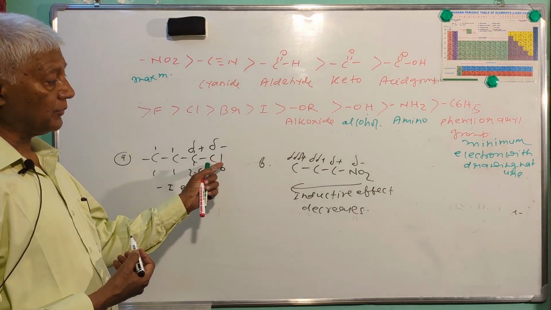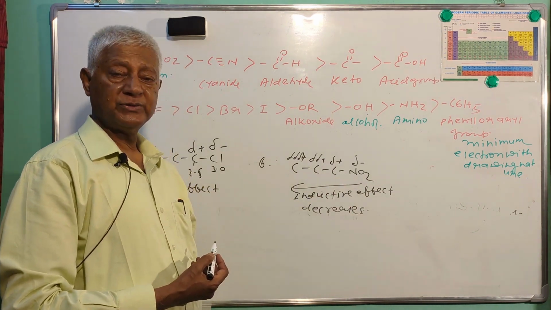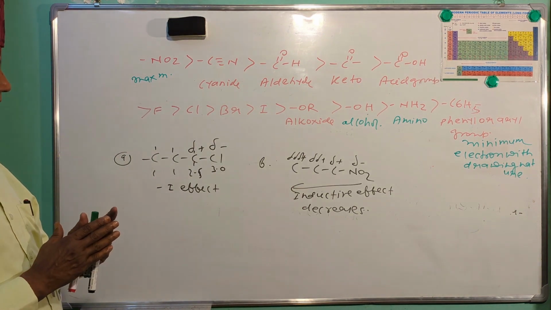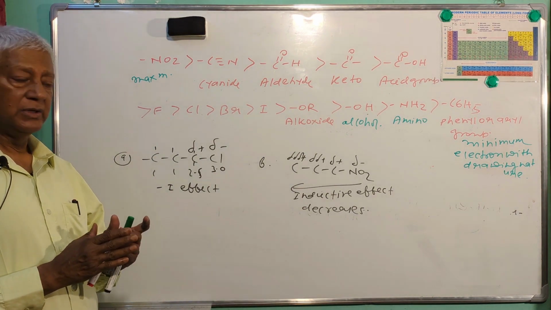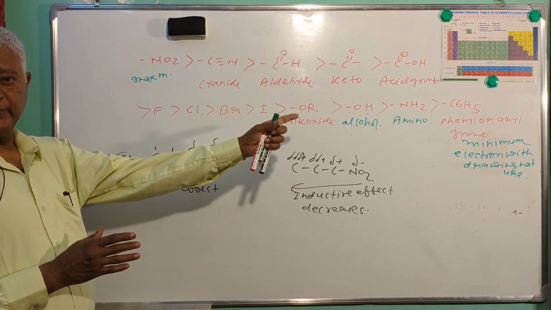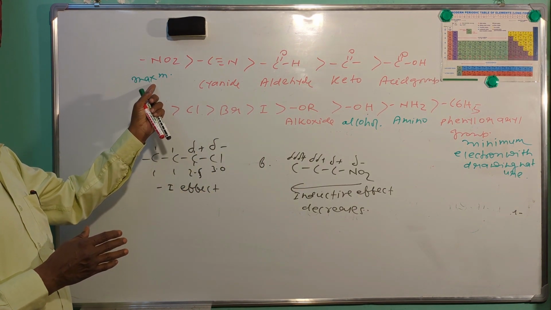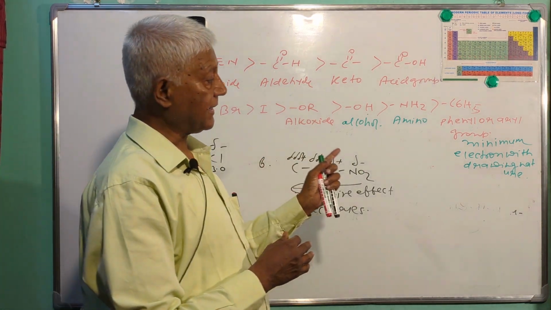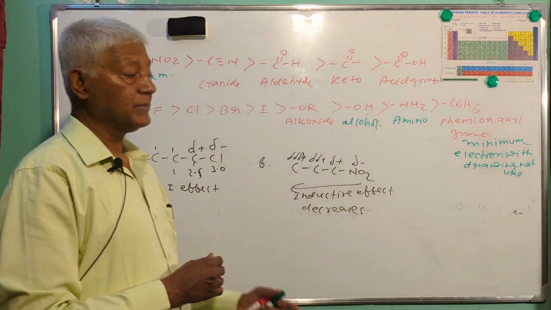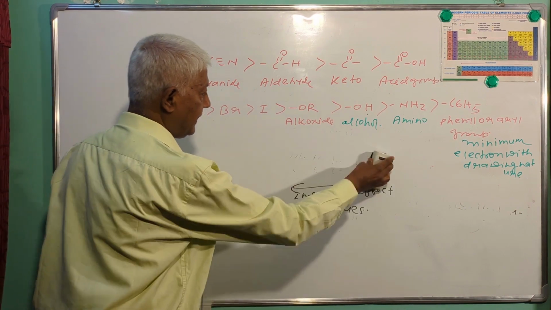Chlorine is an electron withdrawing group, and the nitro group is an electron withdrawing group, so they cause a negative inductive effect. So any negative inductive effect develops in a molecule due to the presence of an electron withdrawing group. In this table, nitro has the maximum electron withdrawing character and phenyl has the minimum electron withdrawing nature.